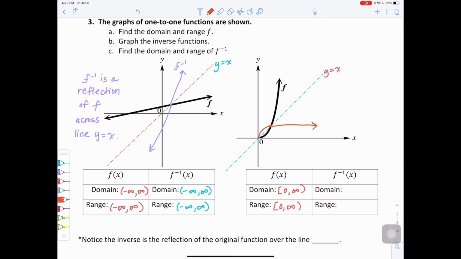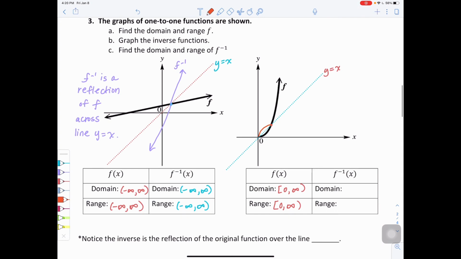And that probably should not be that flat. It should be tending up, something like that. Okay? And this is f inverse. I'm just trying to stare at this graph and draw a mirror image. Okay, I think that's nice.